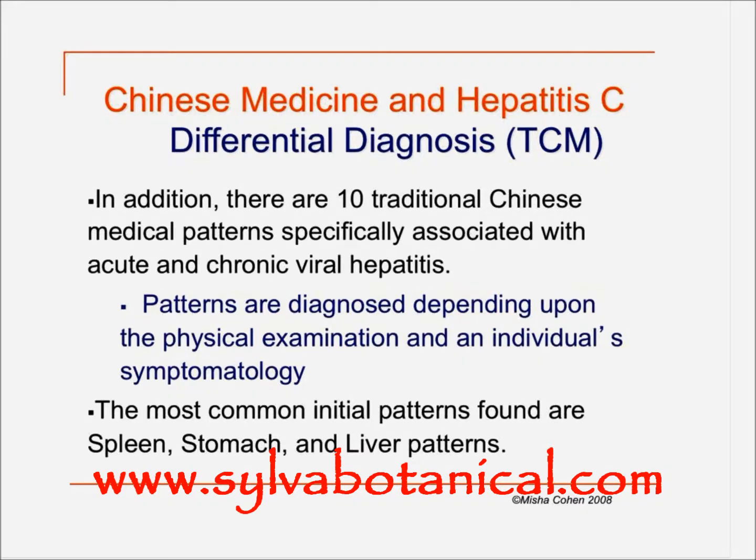While it's a liver disease according to Western medicine, and also a disease of other organs as liver disease progresses, very similar to Chinese medicine in that way, it's the spleen and stomach and digestive issues that are very important early on, especially with people with more deficiency. Spleen and stomach patterns are more common and are found really early on.